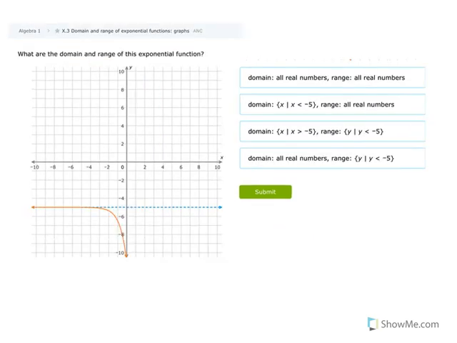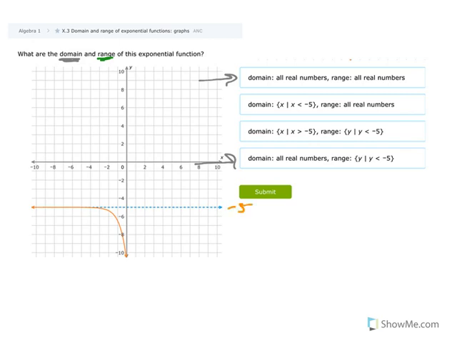And the next one. Again, they want the domain and the range. The domain, we know, is going to be all real numbers, so it's going to be this one or this one. Let's see which one makes the most sense. This horizontal line is at -5.